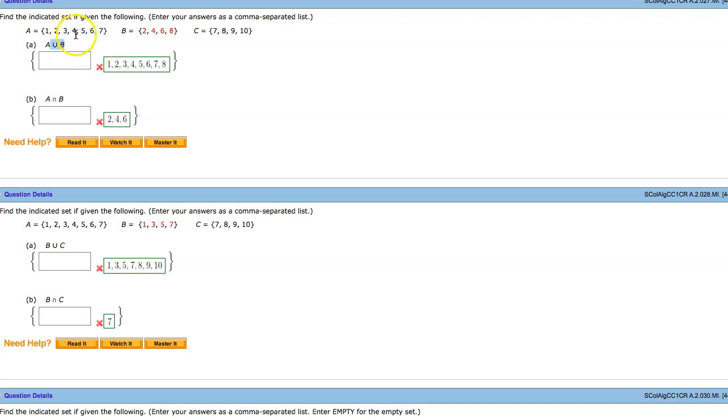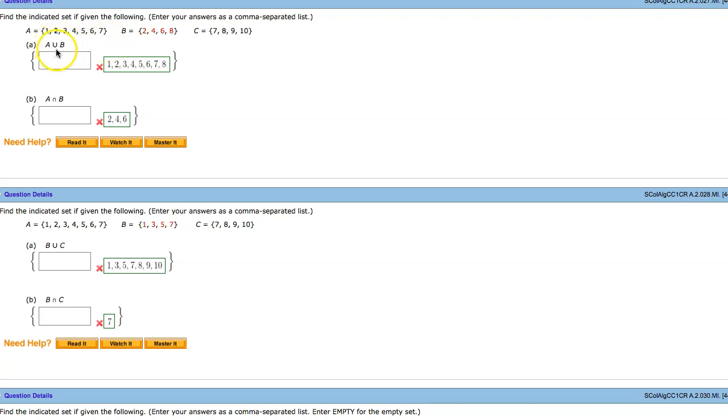If you were in A or B, doesn't matter. If you were in both of them, it doesn't matter. I will list you one time, and I'm not going to list you more than once.